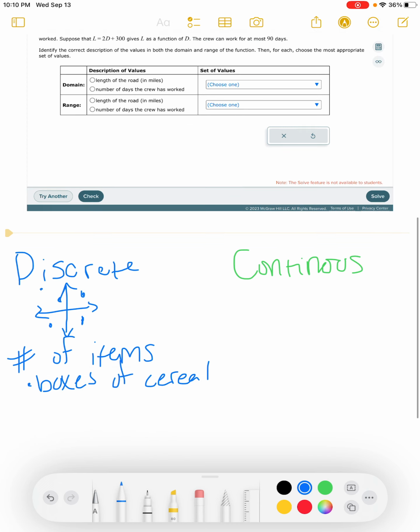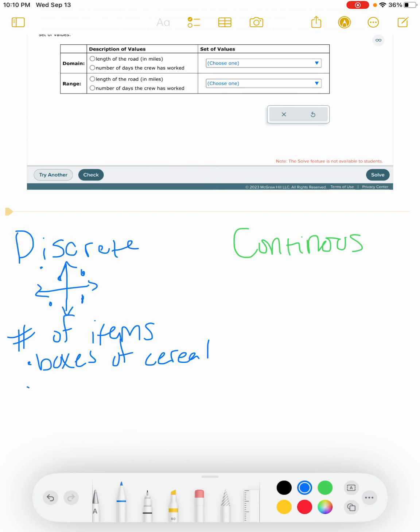We could say the number of basketballs I could buy. It could be the number of people that show up to an event, right? Oh, you know what? Before we do that, let's look at what continuous is, and then we can compare.